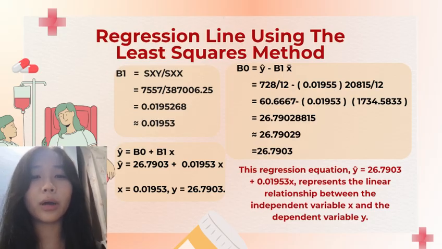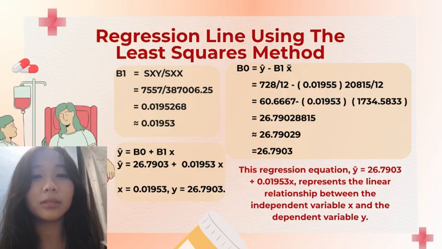Last, we need to find y equals B0 plus B1x, which is y equals 26.7903 plus 0.01953x.